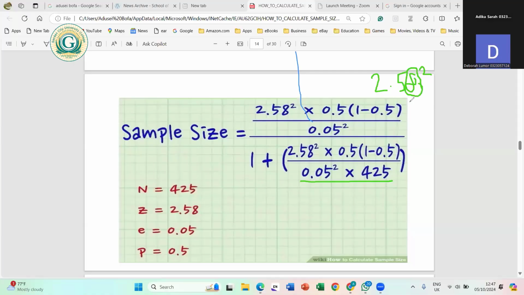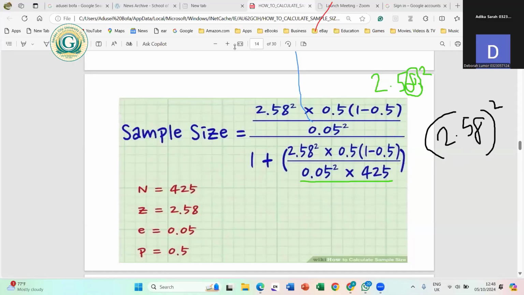So when you are punching on the calculator, I would advise you either go by putting 2.58 in brackets, then you square it. That way the calculator understands that you are squaring 2.58.